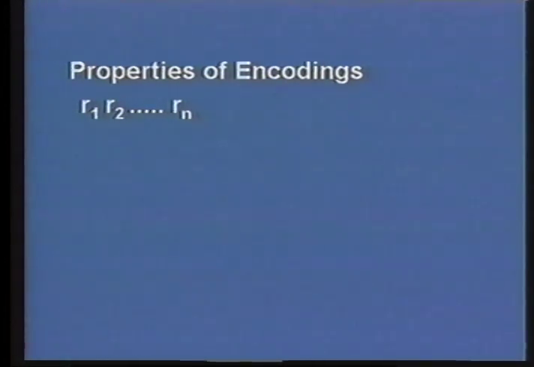Well, the first condition they satisfy is that R sub k is less than or equal to n minus k. In other words, Rn has to be 0. Rn minus 1 has to be 0 or 1. R1 has to be between 0 and n minus 1.